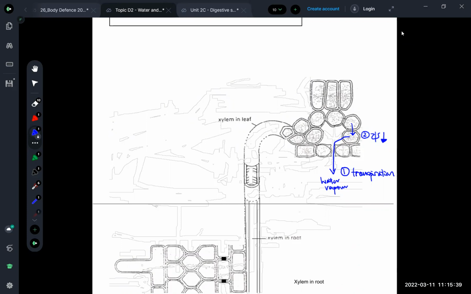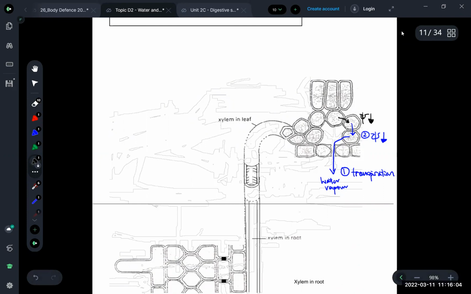So you can imagine, so don't copy it now. I'll correct it. So stop copying at this moment, just watch. So you can imagine the water potential of this particular cell would decrease as well. Agree? So what happened?